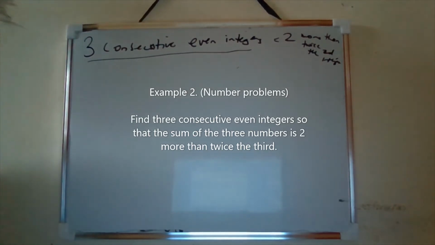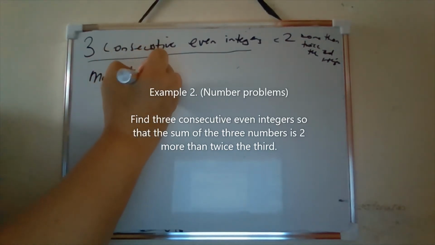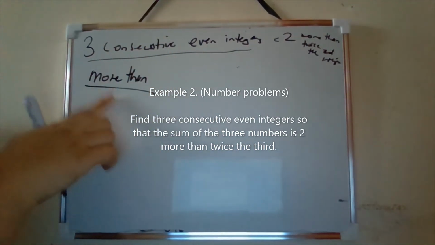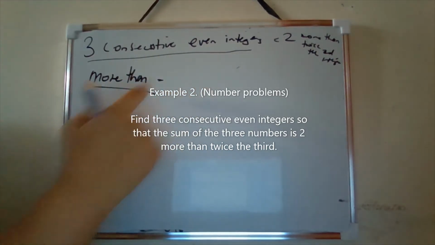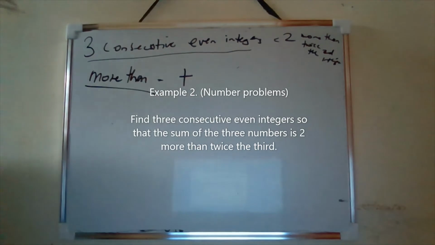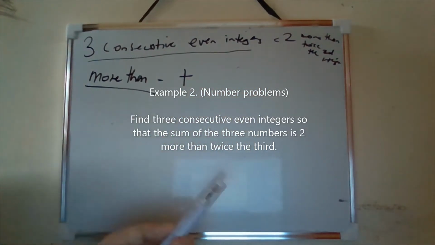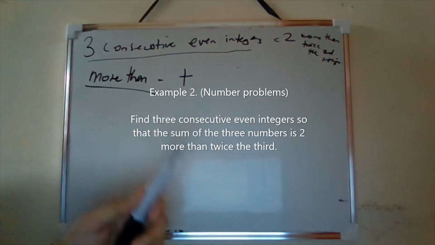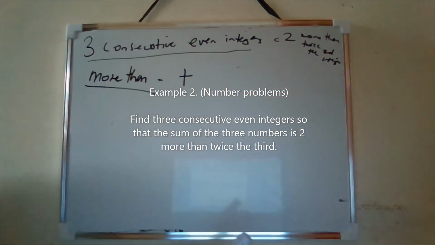If we see "more than," this indicates addition. So the operation that we're going to use is addition. Here, the 3 consecutive integers, if you add them, is equal to 2 more than, so 2 plus the third integer.